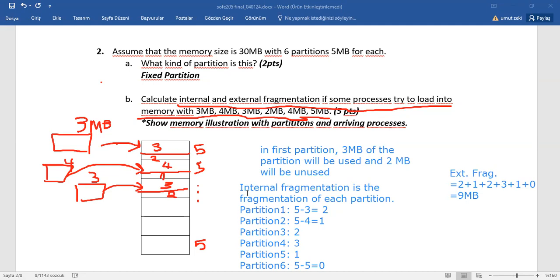So internal is just we can calculate it for each partition. But external for all the partitions. Yes, any question for this? Okay, I assume that it is understood.